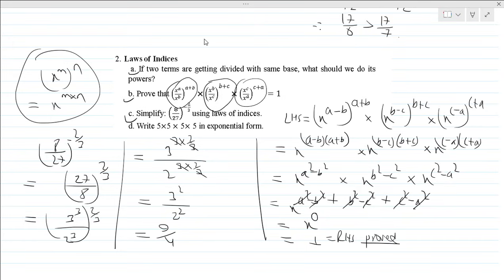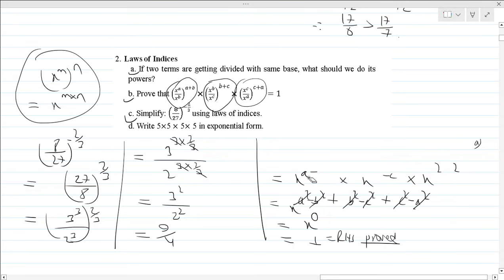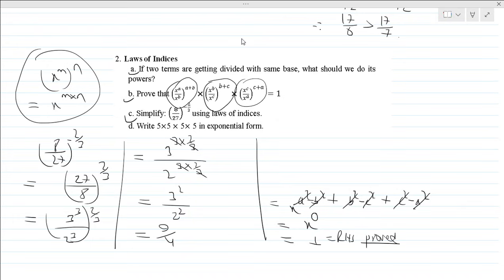Okay, I erase something over here. So think about what is said in number D. Write 5 into 5 into 5 into 5 in exponential form.